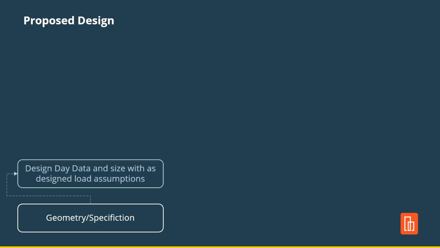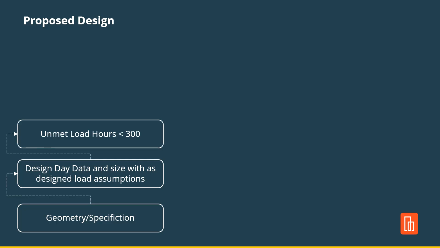So when we go through the process, we obviously set up some geometry and specify that geometry. Then we've got the design day data. So there's a lot of opportunity to effectively automate and look at the sizing and look at the design load assumptions and automate that too. We have the unmet load hours. Of course, we have to go through that process for the proposed design in order to ensure that they are below 300.